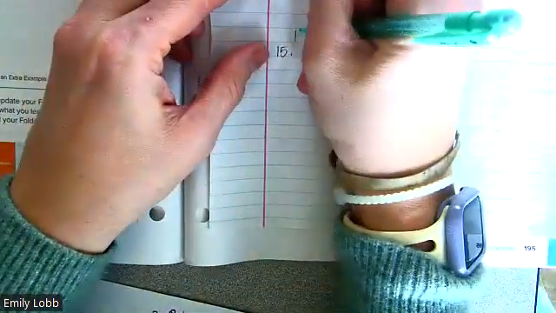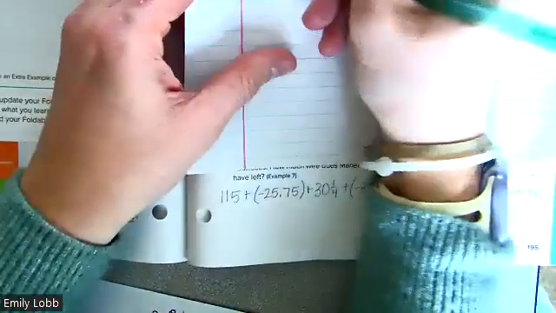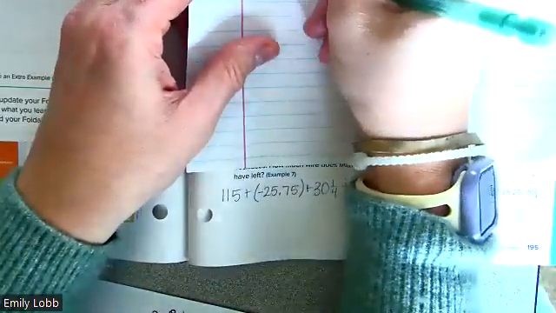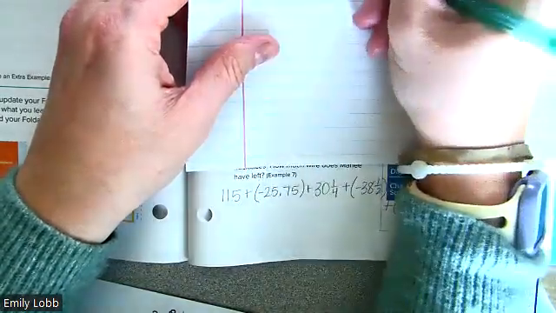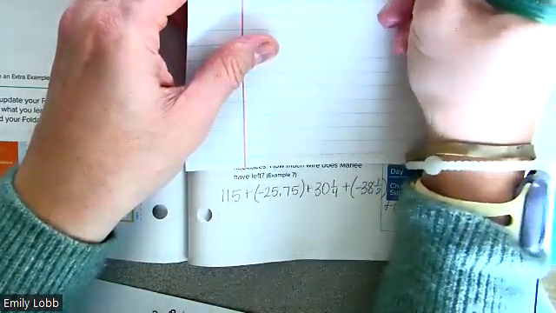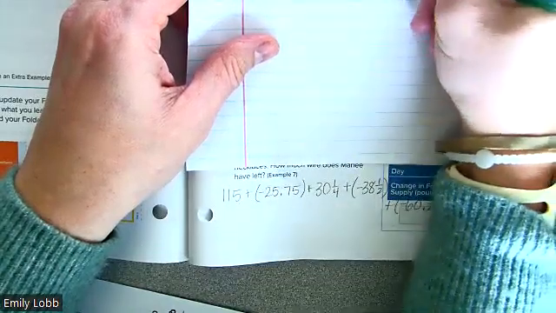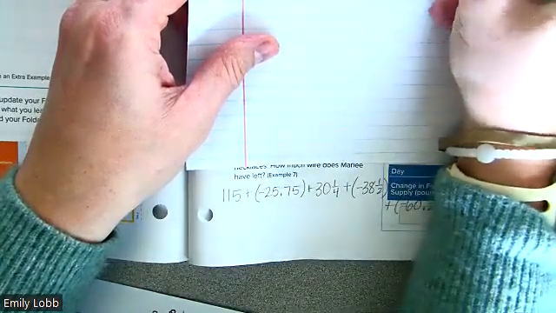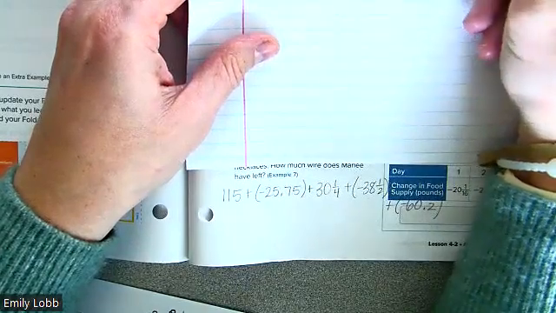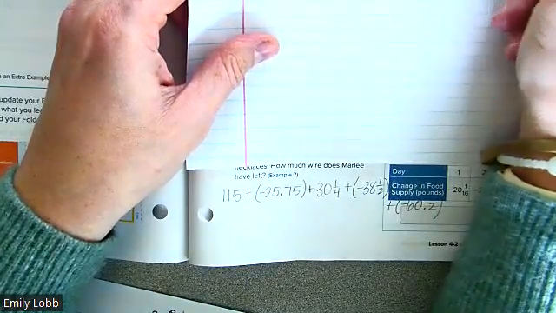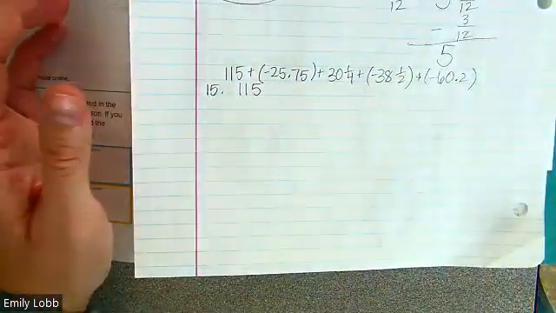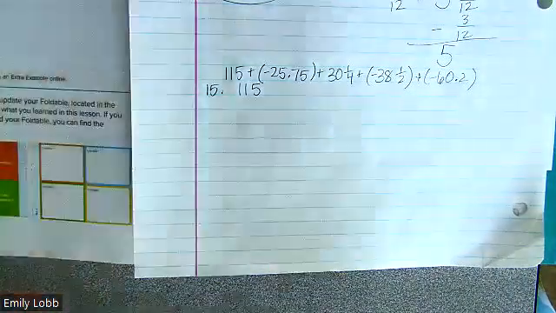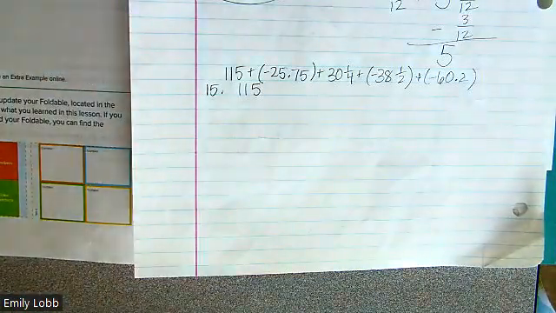So I am gonna rewrite this real quick. 115 plus, in parentheses, a negative 25.75 plus 30 and 1/4 plus, in parentheses, negative 38 and 1/2 plus a negative 60 and 2/10 or 60.2. Okay, so now that I'm here, I'm going to start adding them up or subtracting them.